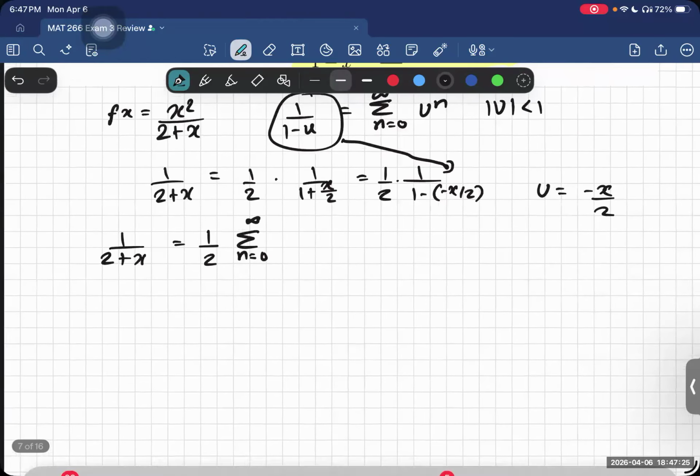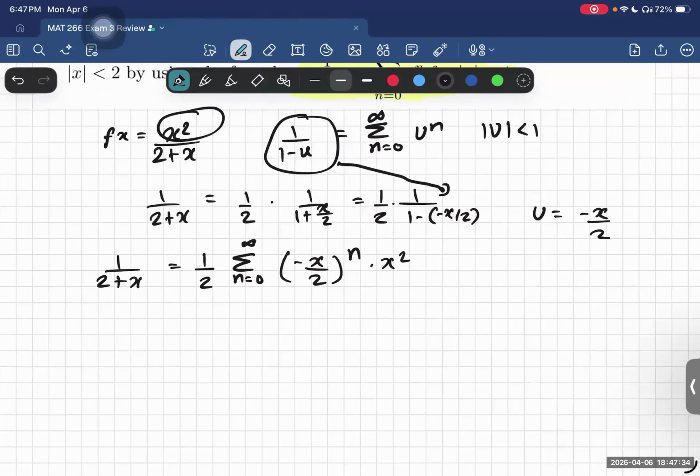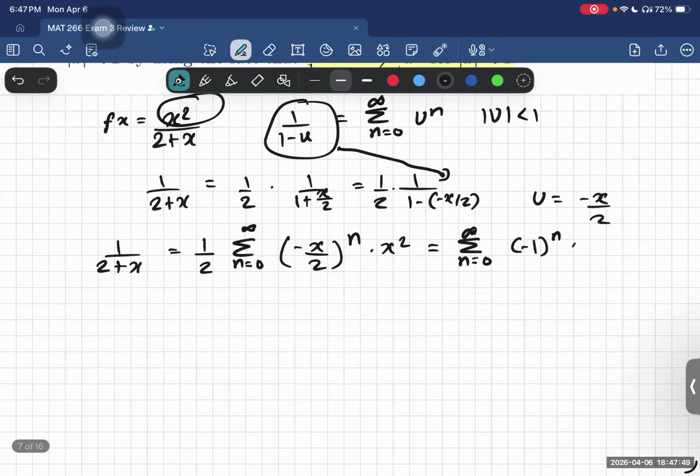So negative x by 2 raised to n, times x squared. We cannot forget our numerator. So this will give me the summation n is 0 to infinity of negative 1, which I take common, also raised to n, then x raised to n plus 2.